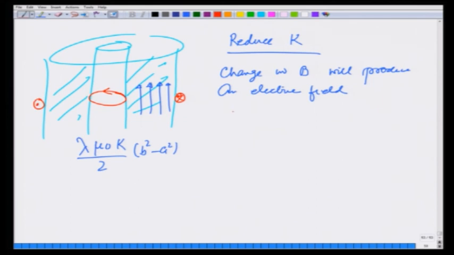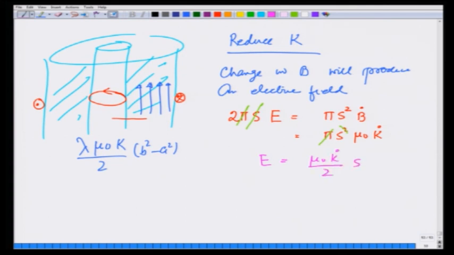By applying Stokes theorem, I can calculate electric field at distance s from the center. 2 pi s E is going to be pi s square times B dot, which is going to be pi s square mu 0 k dot. That is the electric field formula. So, again if I cancel s, one s goes away, pi goes away, I get electric field is equal to mu 0 k dot over 2 s.